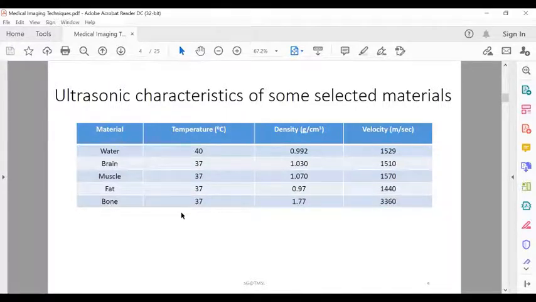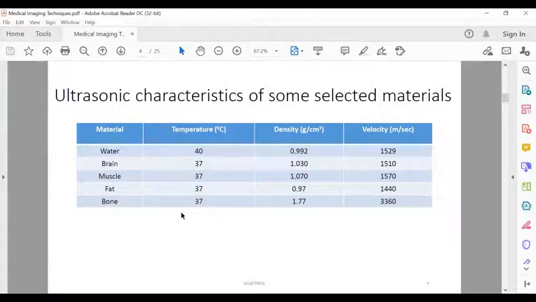Here the velocity in most body fluid is around 1550 meters per second, which is higher than water. The velocity through bone is 3360 meters per second, whereas in fat it is much lower, which is 1440 meters per second.